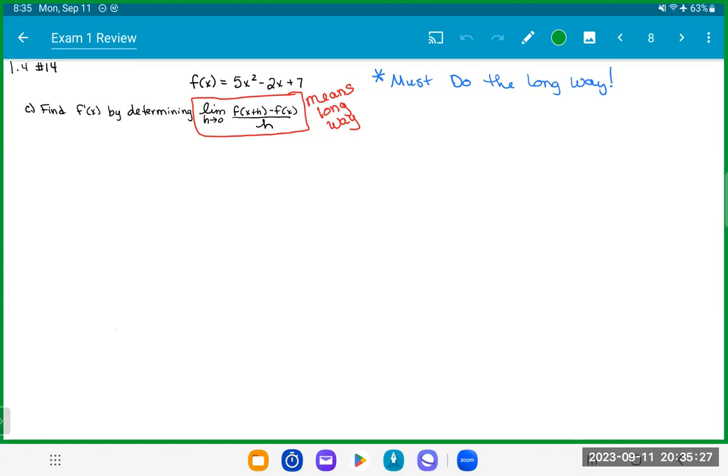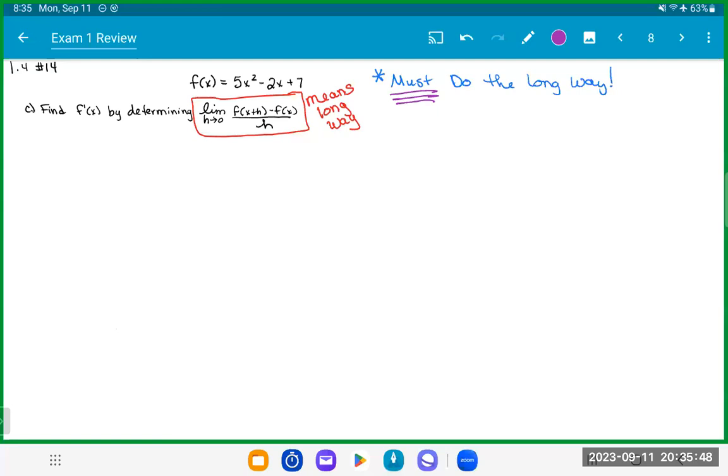You can always check your work by doing the quick way, but if you only give the problem based on the shorthand power rule, you will receive 0 credit for this problem.